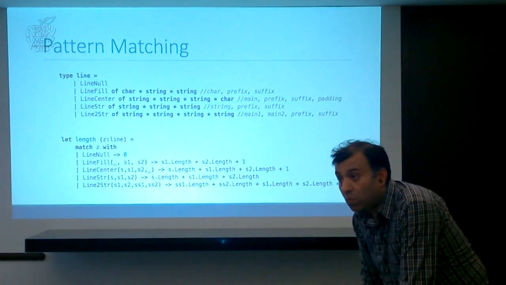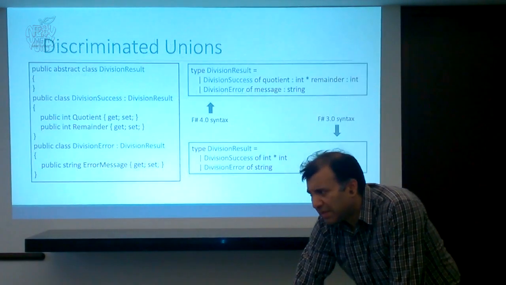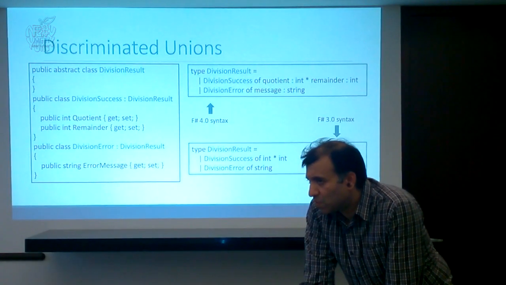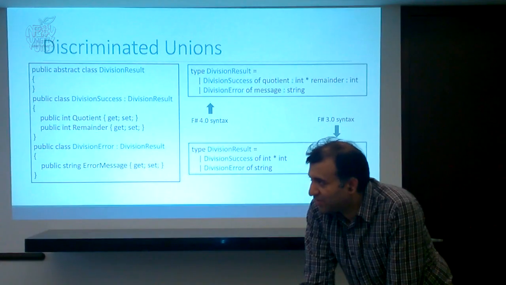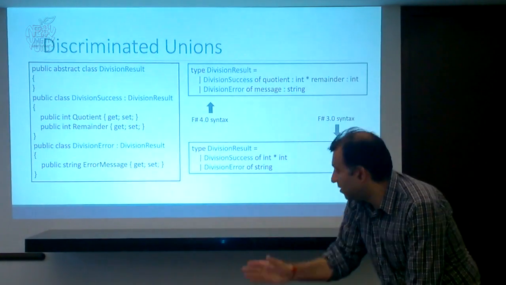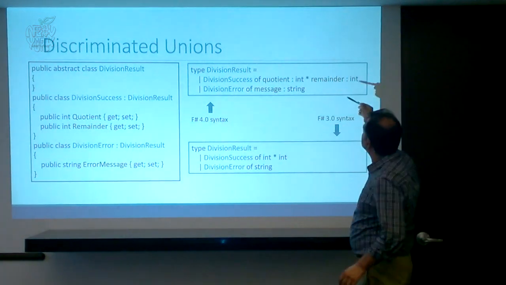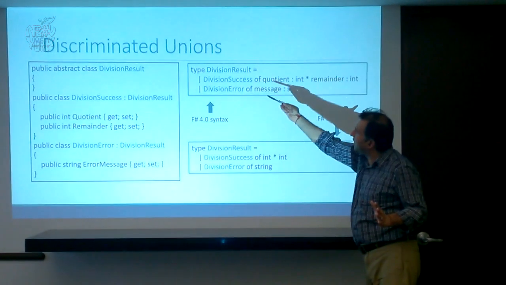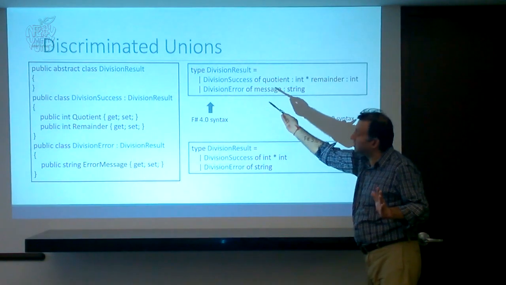And so those are sort of records instead of tuples. Yeah, actually, F# 3.0 is like tuples. So think of it this way, they are kind of a collection of records rather than actually a record. Because this is one type. One name is division success, other name is division error.